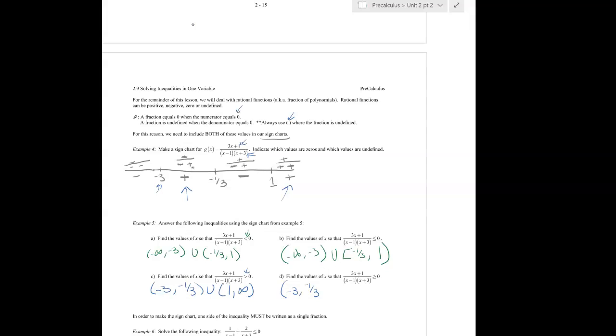Well, that's when my function would equal 0, so it could be "or equal to" there. And then union with, where else is it positive? 1. Well, 1 again came from my denominator, which is why I subconsciously already put a parenthesis, because if it comes from the denominator, that's when the function is undefined. And so therefore, I have to put a parenthesis there all the way to infinity. And then I would be done. It's great.